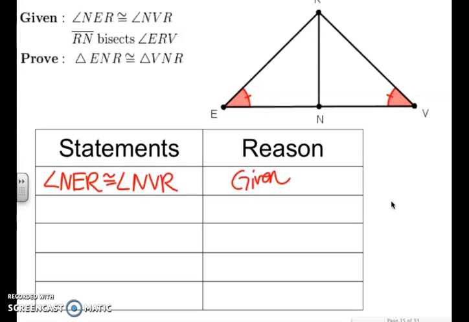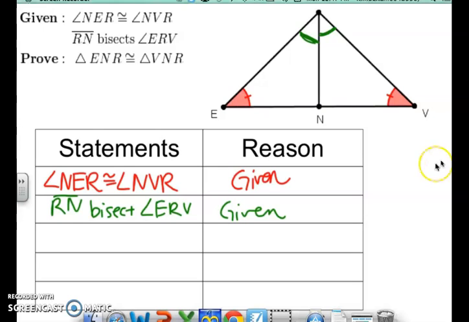Okay, so I'm good. My second given is that RN is going to bisect angle ERV, and that is given. Okay, so if RN is bisecting an angle, I know that this angle is going to be the same as that angle. Okay, so what I can now say is what I just marked.